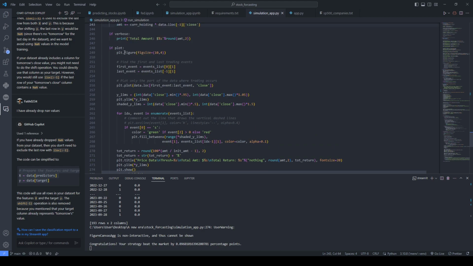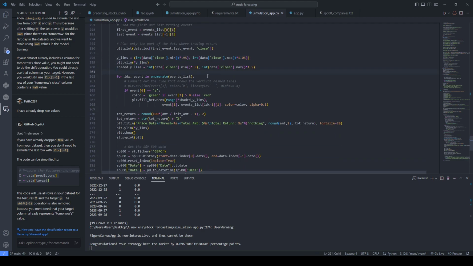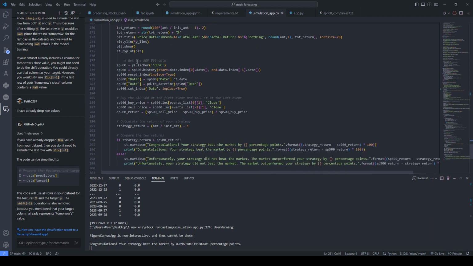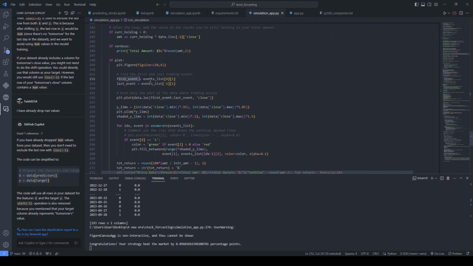So this part is the plotting part. Here the S&P baseline part kicks in. We keep track of the first event and the last event.